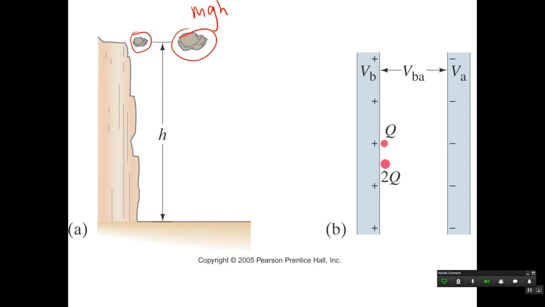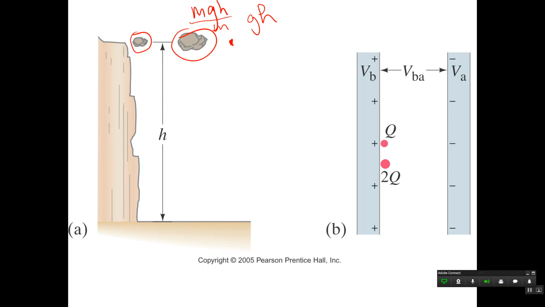And if I were to ask you what would be the potential at this point, then it would be mgh divided by m, which would just be gh. That's the potential of any object of any mass at that height, proportional to the acceleration of gravity and the height at which you put it. And then afterwards, if we have the mass, we can find out its potential energy.